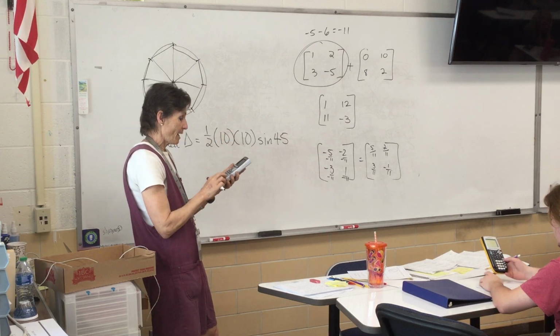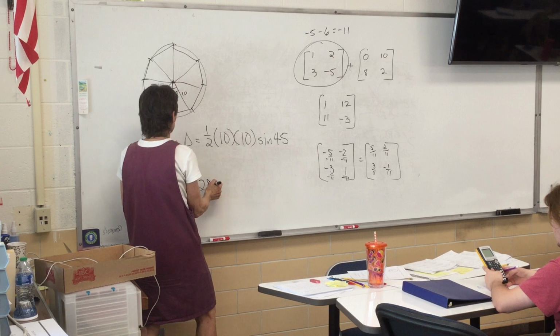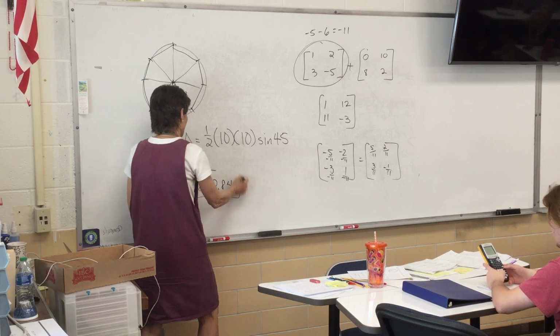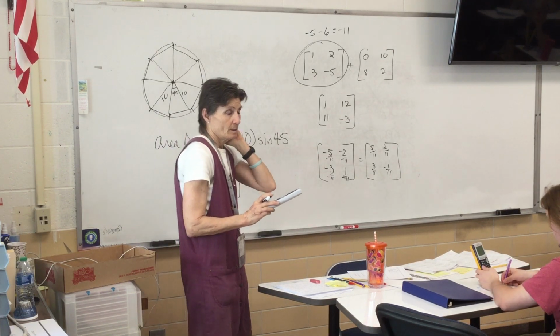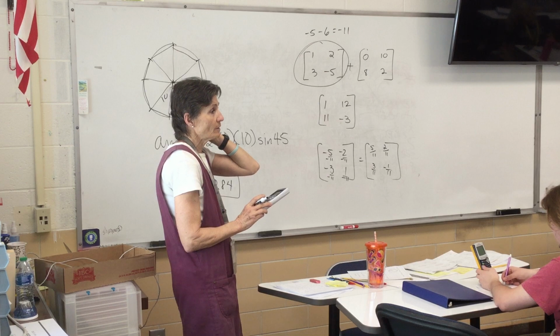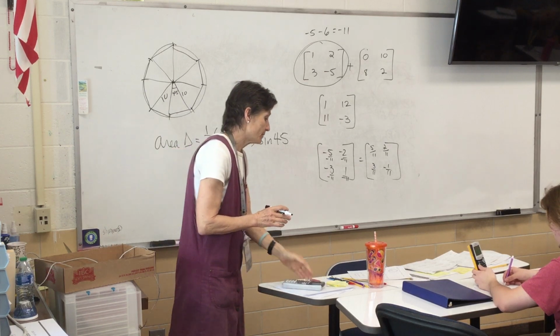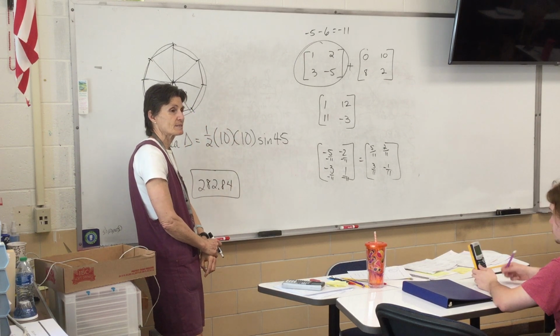Then we multiply that by 8 to get the area of the octagon. And that final answer is 282.84. So the triangle is 1/2 sine, and the octagon is 8 triangles.